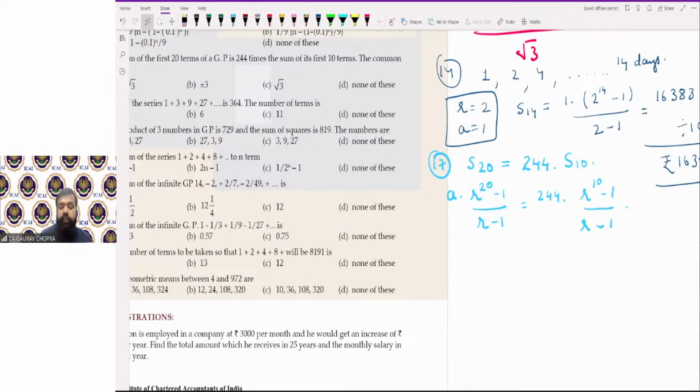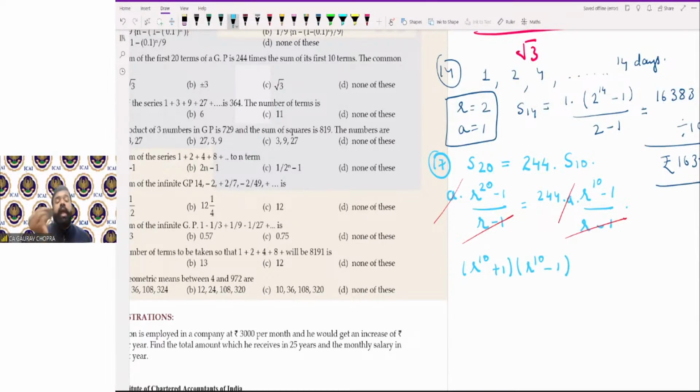Now let's cancel and solve. So what is getting cancelled? A will get cancelled. R minus 1 will also get cancelled. Now R to the power of 20 minus 1, इसको आप split कर सकते हैं. कैसे split करेंगे? R to the power of 10 plus 1, R to the power of 10 minus 1.